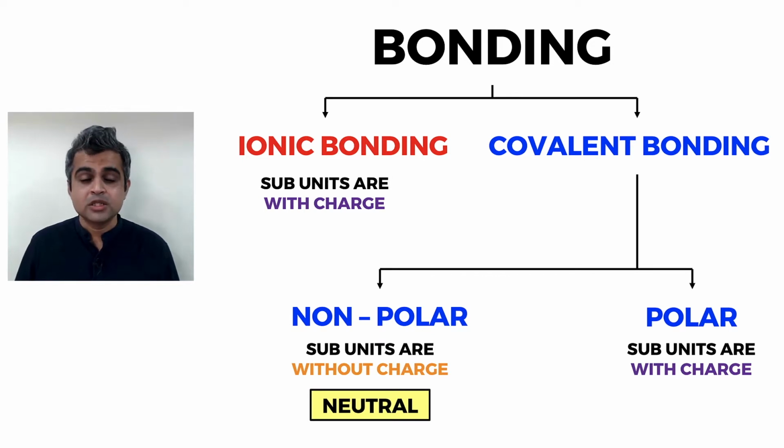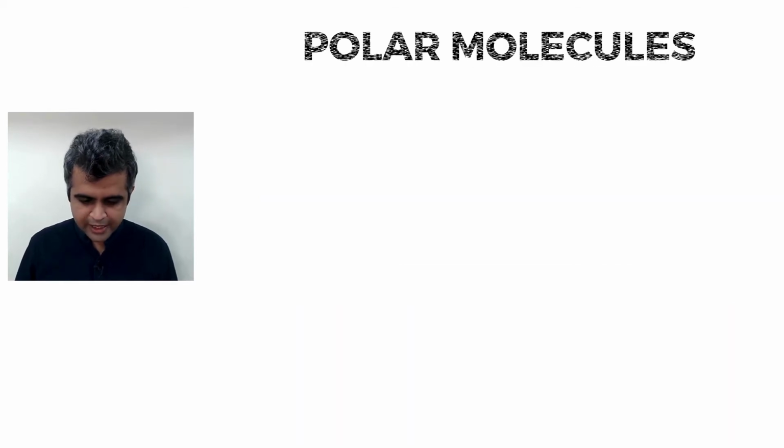So ionic compounds are going to have charges, polar covalent compounds are going to have charges, non-polar compounds are not going to have charges. So methane, fats, oils, carbon dioxide, all these examples which we saw are basically going to be non-polar without any net electrical charge. Clear? Okay, fantastic. So with that in mind, now we can talk about this.